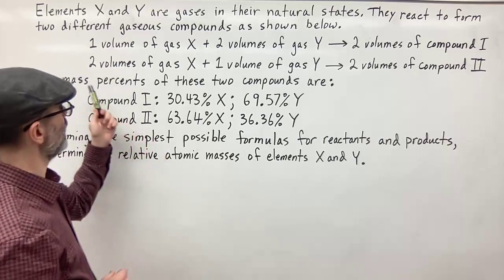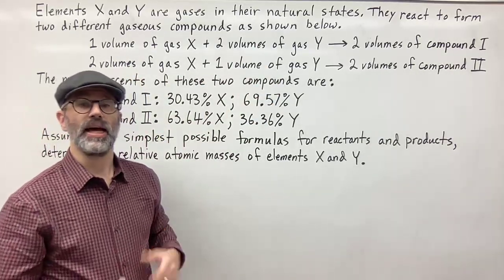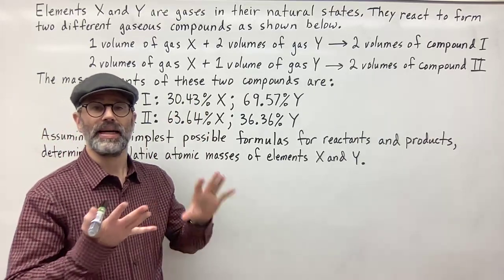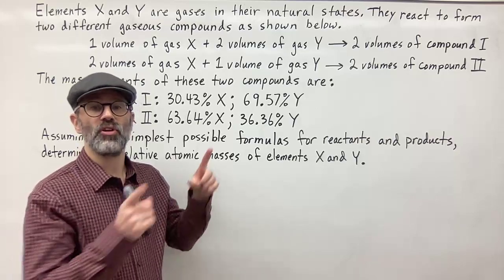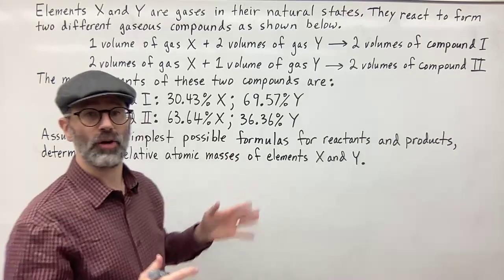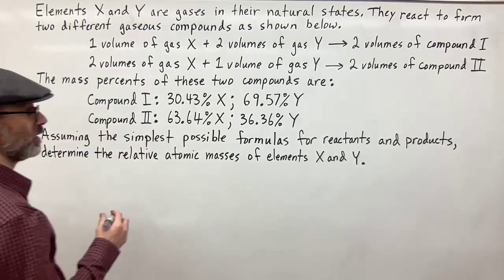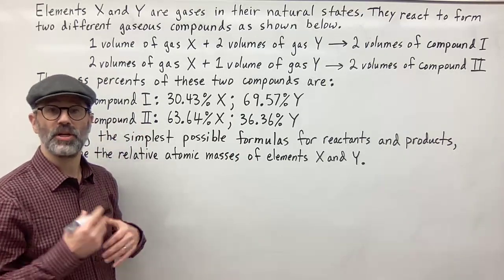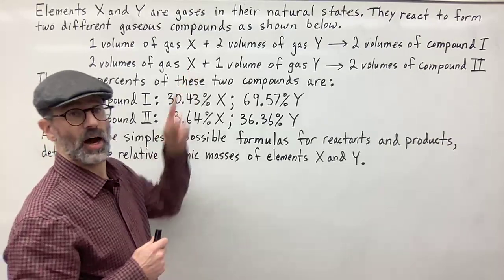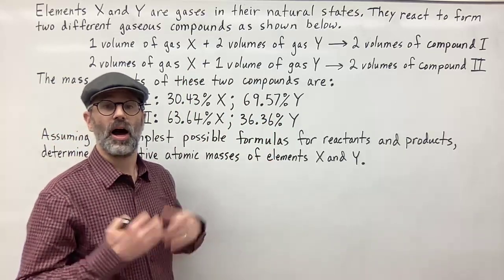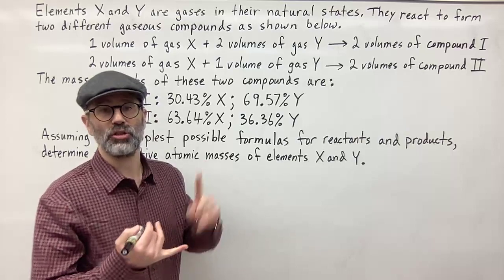Since we're given the volumes of the gases, and we're told that it's under constant temperature and pressure, we can treat volumes like moles. So let's write out our balanced equation using subscripts for the elements, because we don't know if X and Y are monoatomic, diatomic, or triatomic elements.